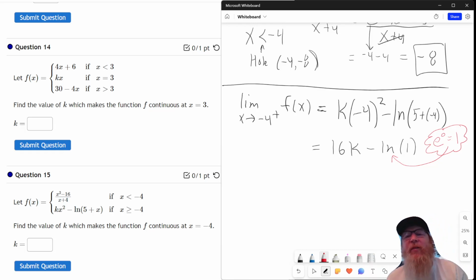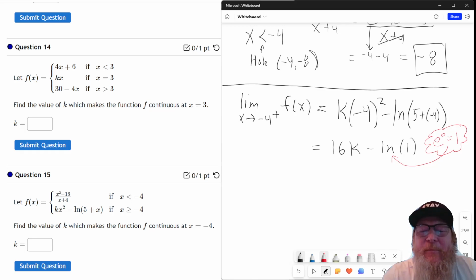That's why e is called the natural base. So when I say natural log of 1, what I'm really saying is e to some power is 1, right? And I already filled in the power. The power is going to be 0. So this becomes 16k minus 0.